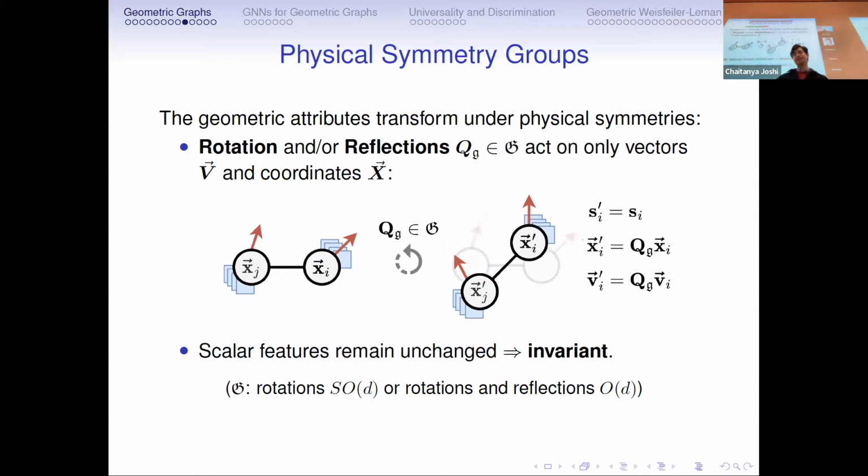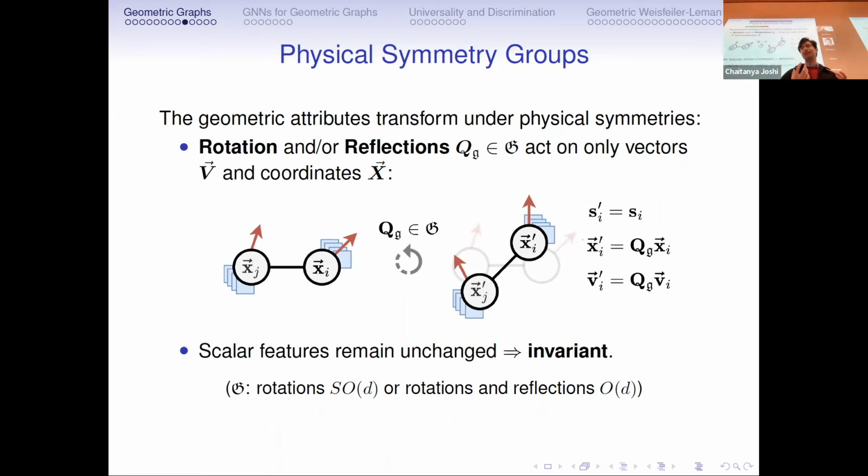What makes geometric graphs interesting is not just the fact that you have these features, but the symmetries that act on them. So molecules are embedded in space, right? So you could take your molecule or your geometric graph and you could spin it around, you could move it around in space. The properties of this graph will not change.